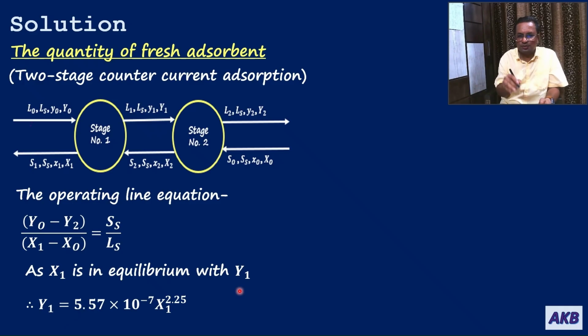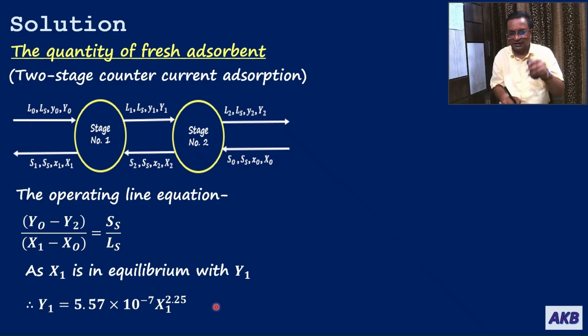The Freundlich adsorption isotherm equation is nothing but the equation of the equilibrium curve. You need to understand that. The equation for the Freundlich adsorption isotherm is the equation of the equilibrium curve.